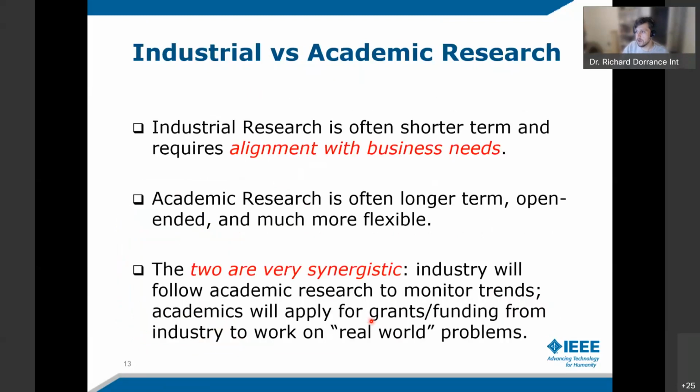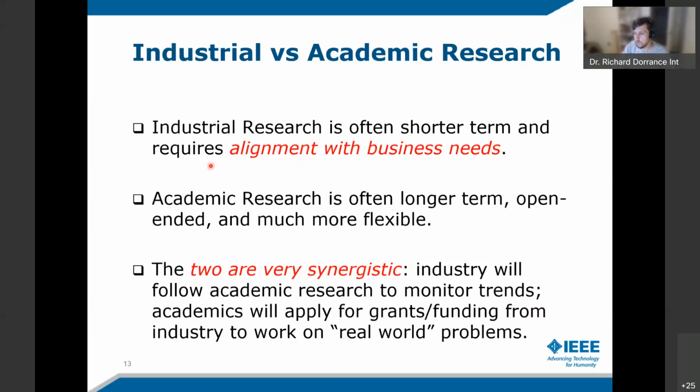Now, after going through this whole process, I did want to talk a little bit about the difference between industrial research and academic research, having been on both sides of that fence. Industrial research is often shorter term, and it really requires alignment with business needs.